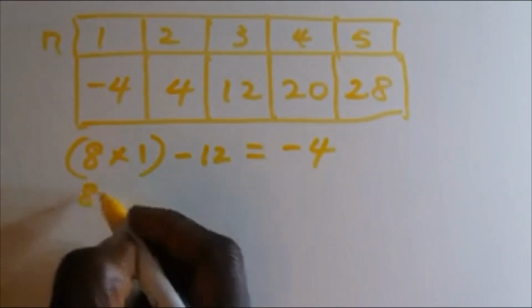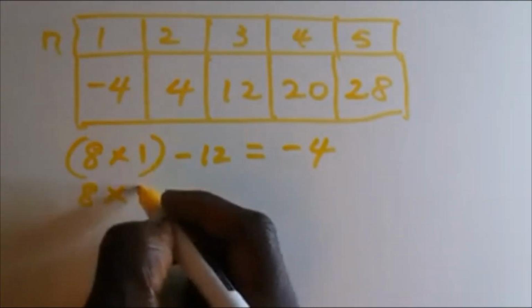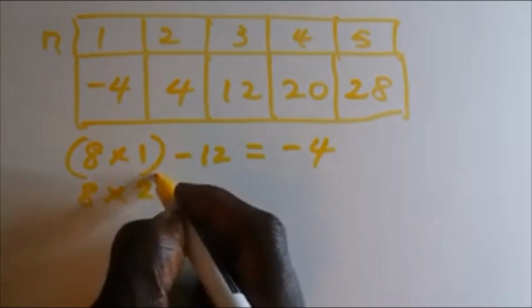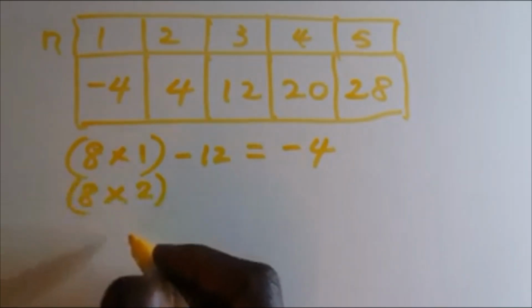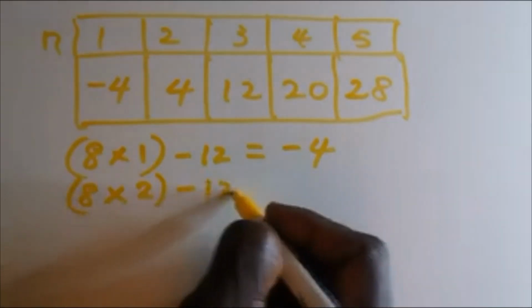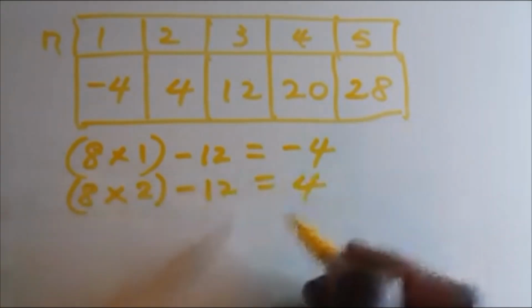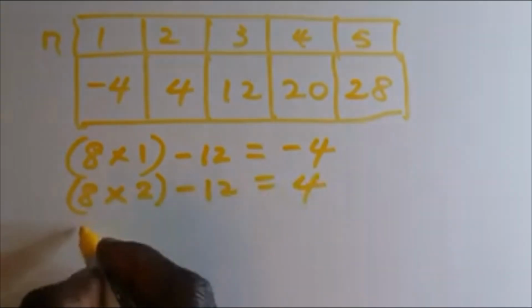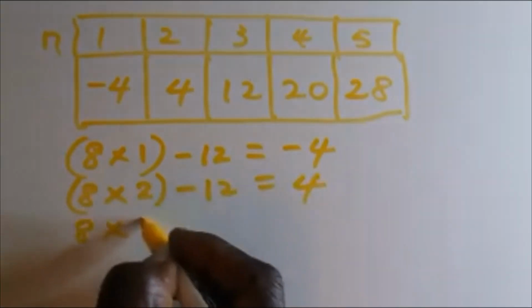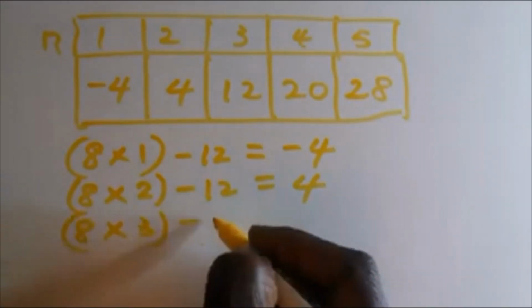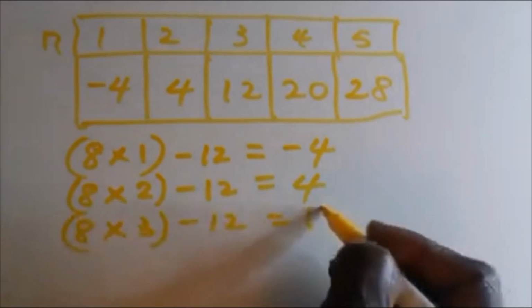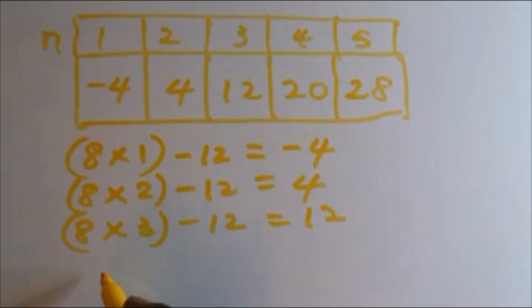We go again with 8, multiply by the second, or position 2, take away 12, and that gives us 4. 8 times position 3, take away 12, it gives us 12. And this looks like the pattern that we've identified.